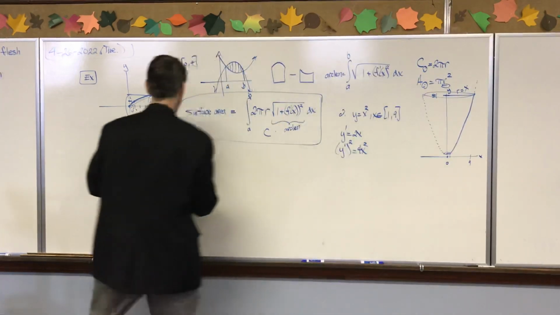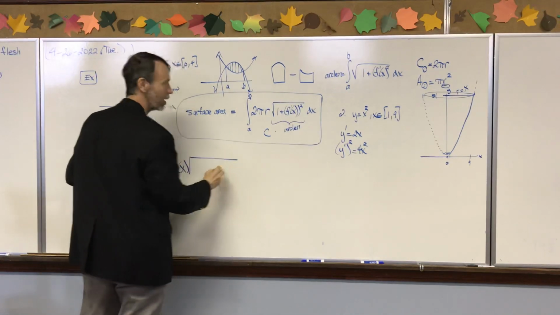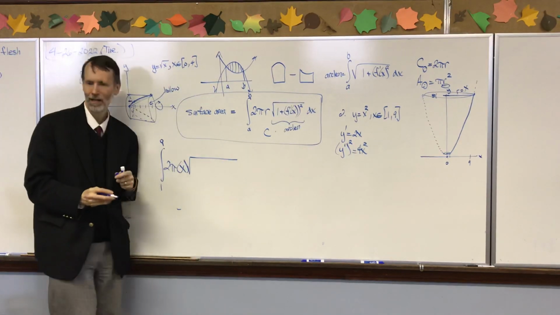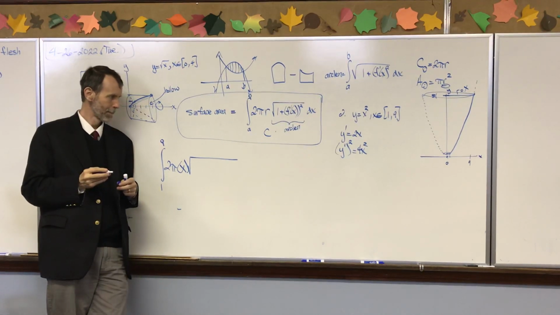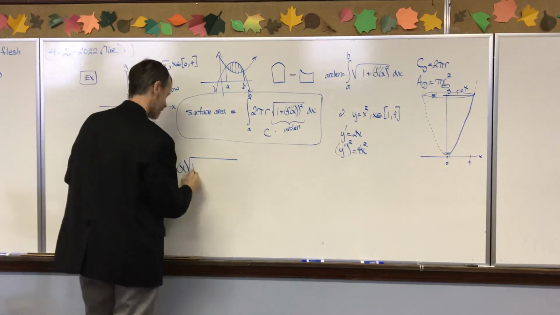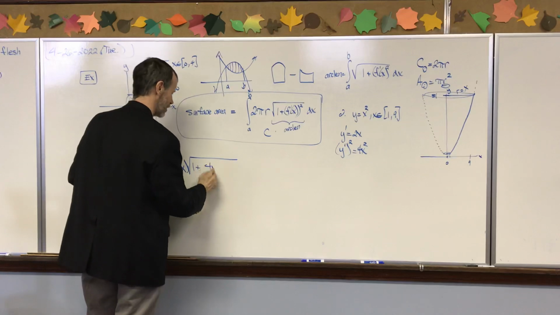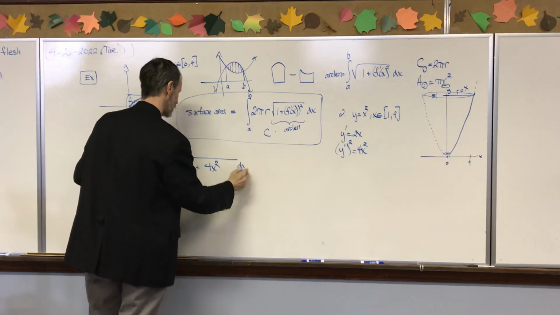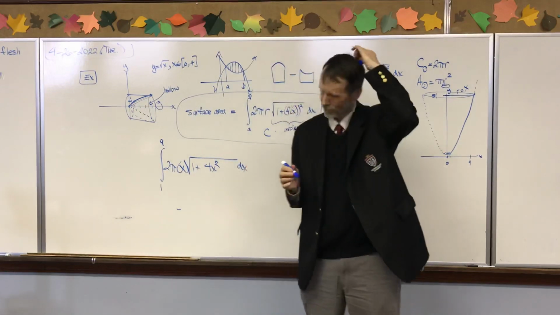So 2 pi times x times radical what? 1 plus 4x squared, correct. That is largely all you have to do.